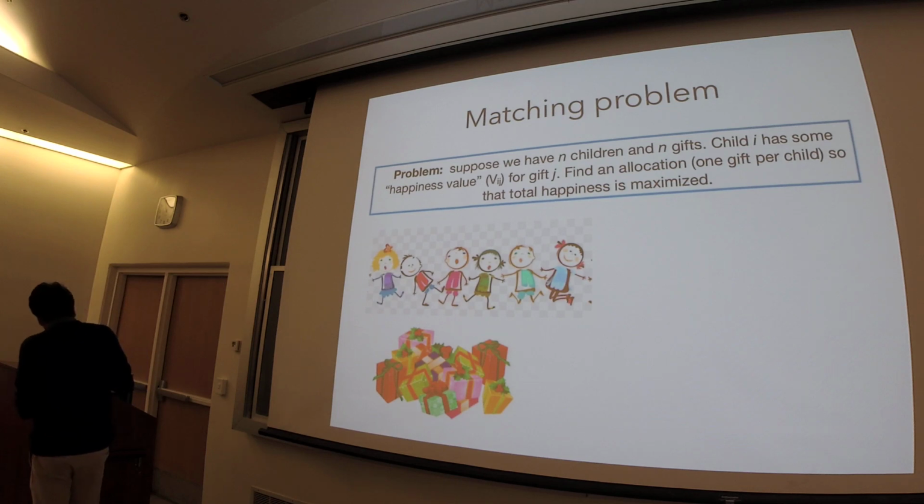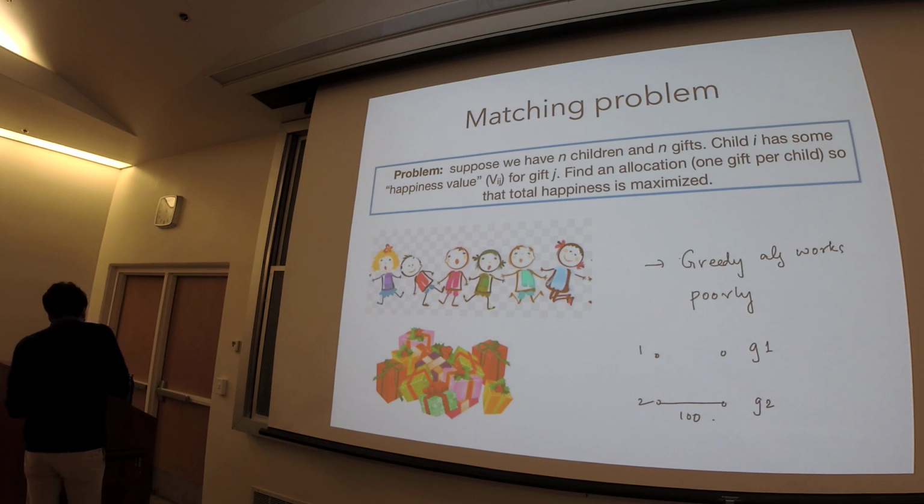Alright, so we saw that there is a natural local search algorithm for this problem. Right? So actually one thing that we also saw was that greedy really works poorly. Again, this was an example where you go in the order of children, and this is gift 1, this is gift 2, and let's say child 2 had a very high value for gift 2.